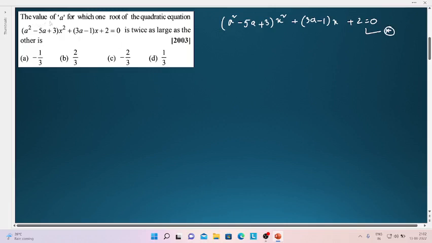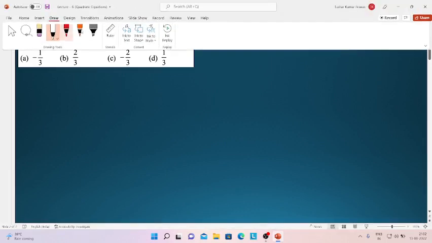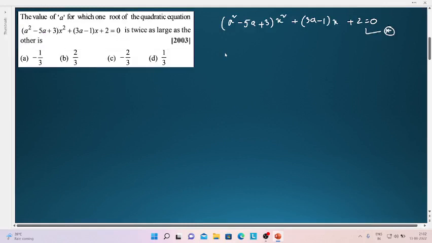We have to find the value of a for which one root is twice as large as the other. So if one root is alpha, then the second root will be 2 alpha.